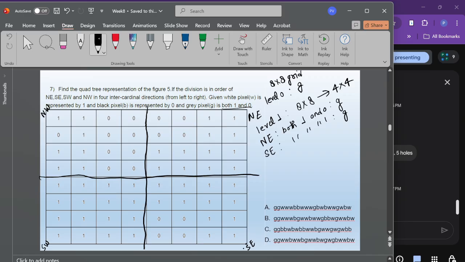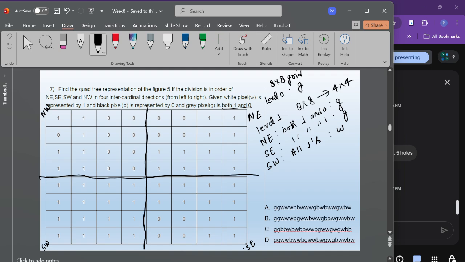Now next we will check the SW. This part. If you see, all are ones, right? In this one all are ones, SW. So what can we represent if all ones are there? Pixel W, we can represent W, right?